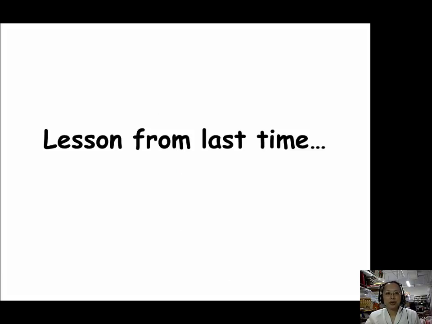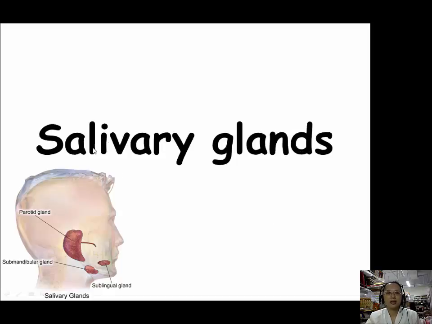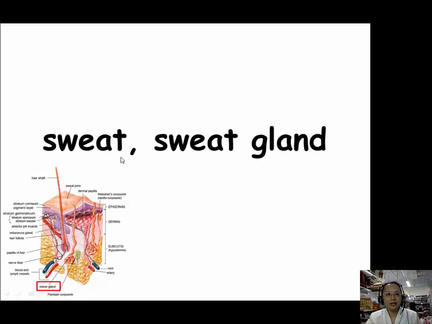Today we are going to start with lesson 16, which is the frequently used prefixes and suffixes. But first, we still need to review what we learned last time for the last part of lesson 15. For salivary gland, we use one prefix, sialo, S-I-A-L-O. For sweat or sweat gland, there's one prefix that can be used, hidro, H-I-D-R-O.